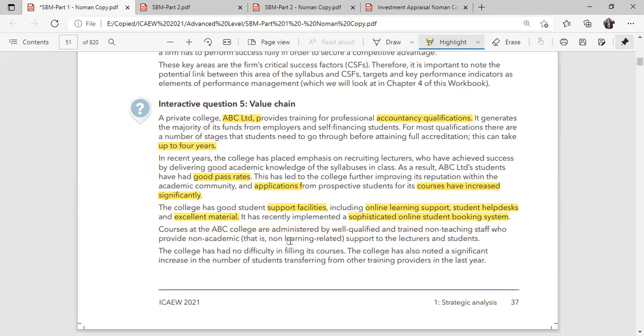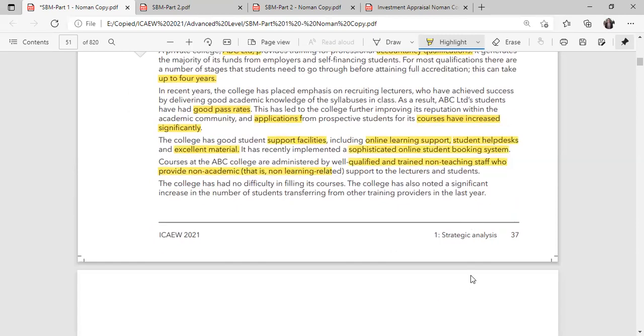Courses at the ABC College are administered by well-qualified and trained non-teaching staff who provide non-academic support to lecturers and students. The college has had no difficulty in filling its courses. The college has also noted a significant increase in number of students transferring from other training providers in the last year.